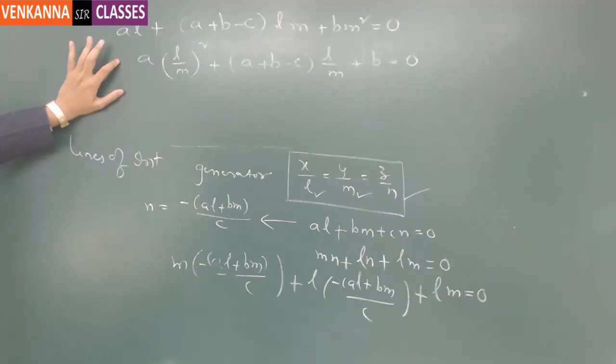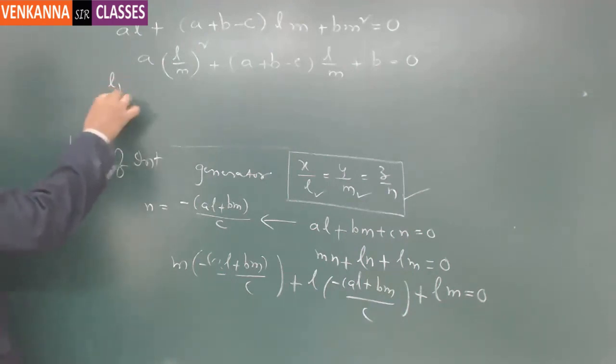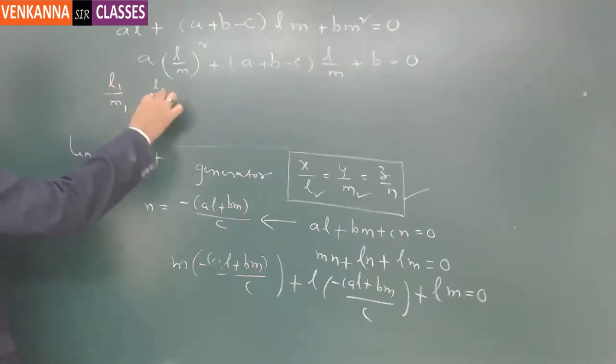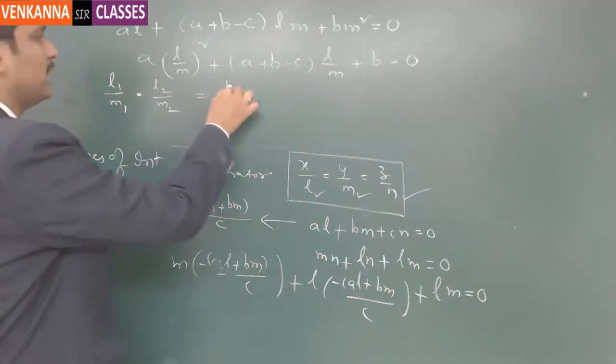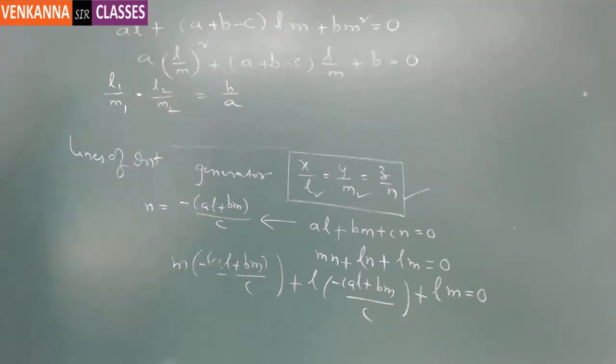Since every quadratic equation has two roots, it will possess two roots. So we say that the first one is l1 by m1 and the second one is l2 by m2. As we have studied the sum of the roots and the product of the roots formula, applying here, for the product of the roots, l1 by m1 dot l2 by m2 is nothing but b by a. Agree?